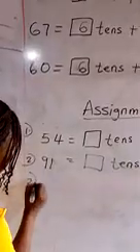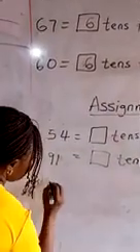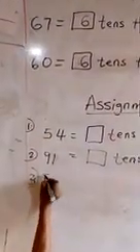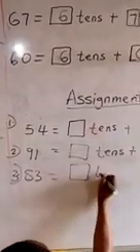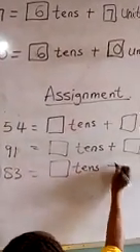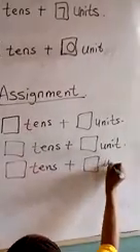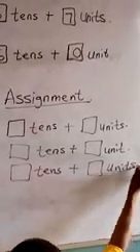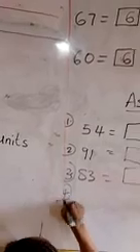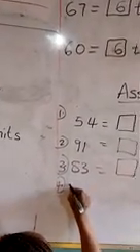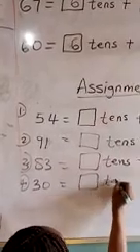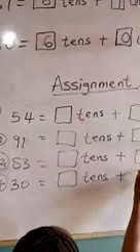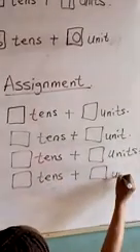Number 3, 82, brackets, tens, plus brackets, units. And the last, we have 30, brackets, tens, plus brackets, units.